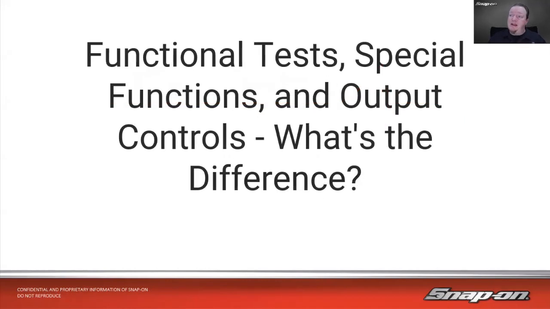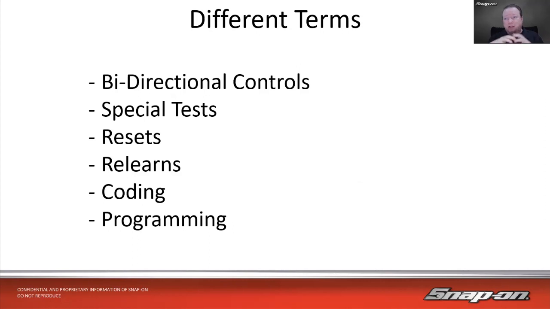Our topic today is functional tests, special functions, and output controls. What's the difference? Because if we think about all of the different functions we can do on a vehicle with a scan tool now, they're called all sorts of different things, and they can all be lumped into this one category of functional tests.